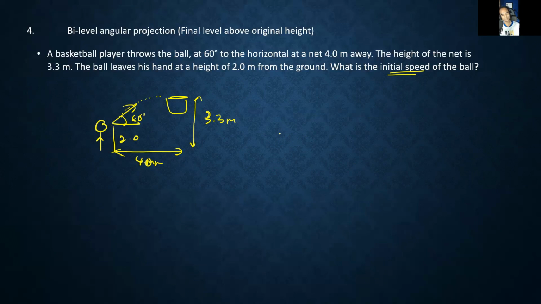First, use the horizontal motion. 4.0 equals u cos 60 times t, so t equals 4.0 divided by u cos 60.